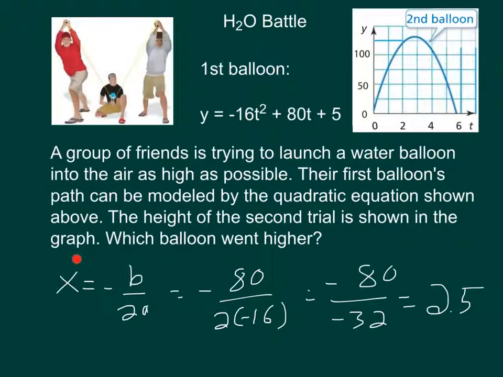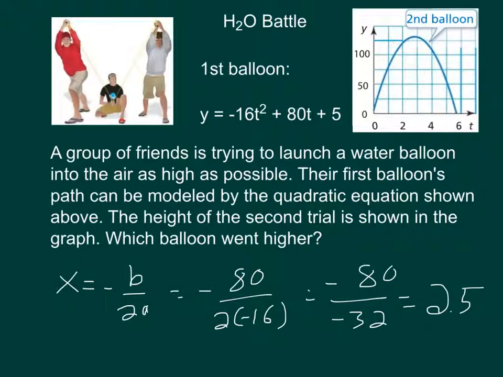Normally my equation involves x, but in this, because my variable has been replaced with a t, I could also use t instead of x if I wanted. So that is the x value at my vertex. Now I want to find the y value by using this equation right here.